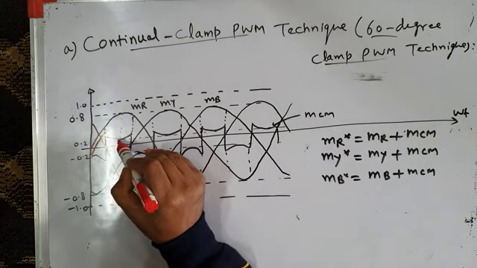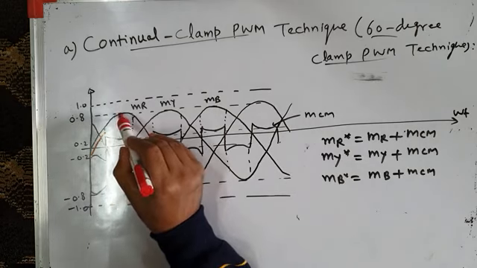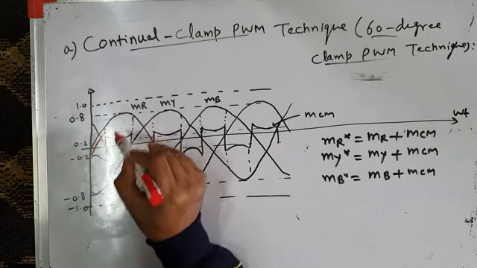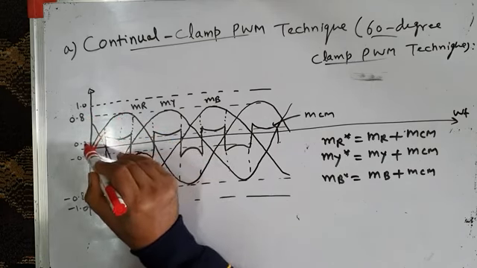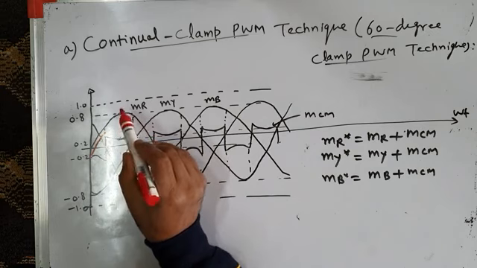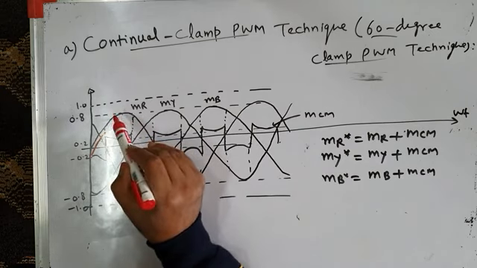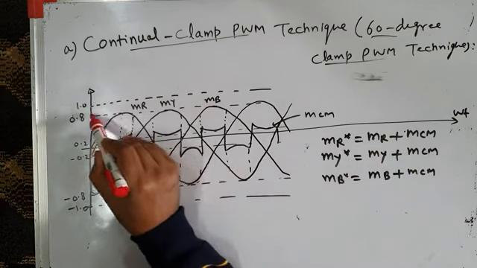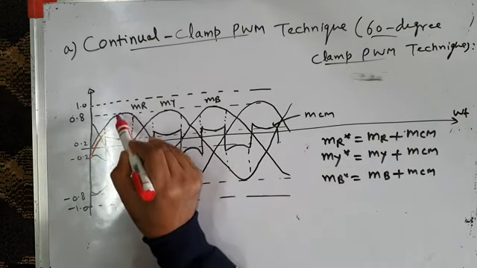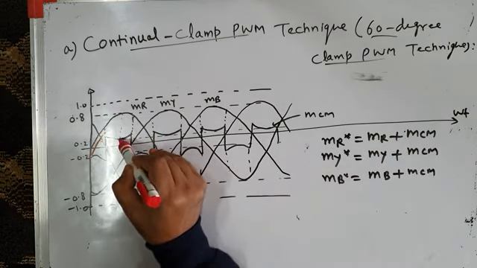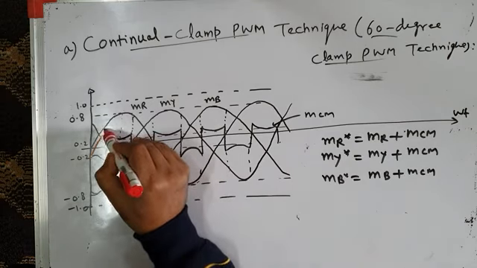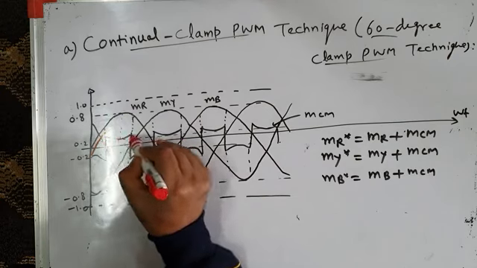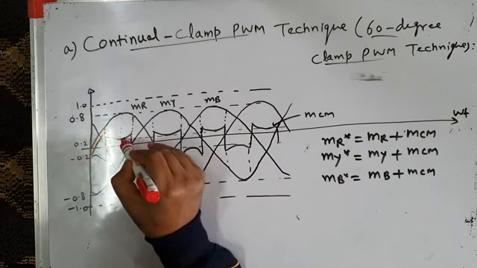For example, here, what is your MR? Near the peak of MR, MR is equal to 0.8, and what is your MCM? It is 0.2. Okay. So what is 0.8 plus 0.2? Because your MR star is MR plus MCM, MR is 0.8 plus MCM here near the peak is 0.2. 0.8 plus 0.2 is 1. Okay, so over this 60 degree interval, if you add this signal with this signal, this is increasing, this is decreasing like this.